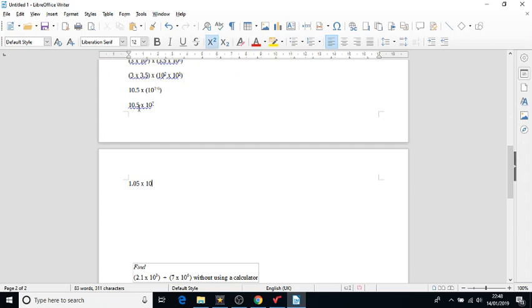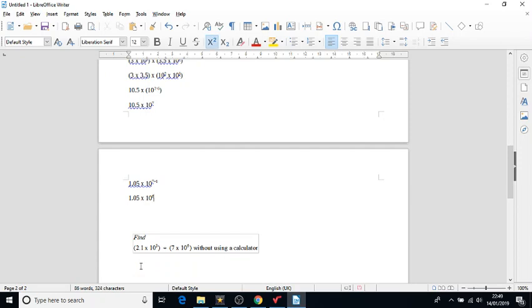It gets added on to the indices here. Therefore, your answer written in standard form would be 1.05 multiplied by 10 to the power of 8. And there's your answer.